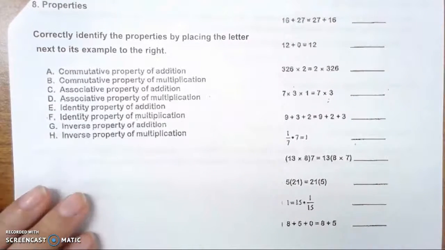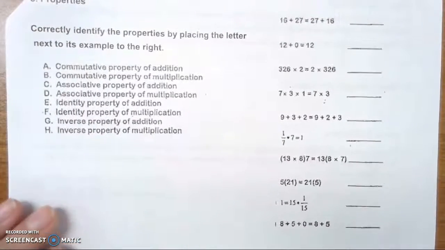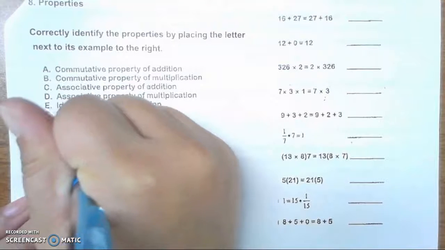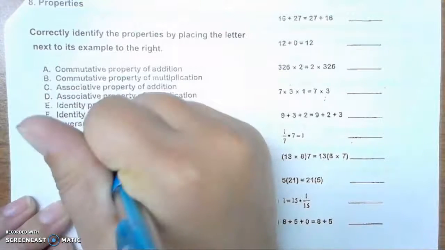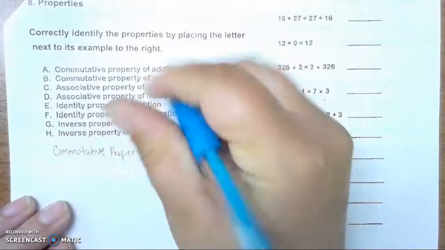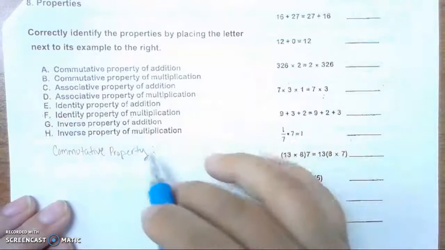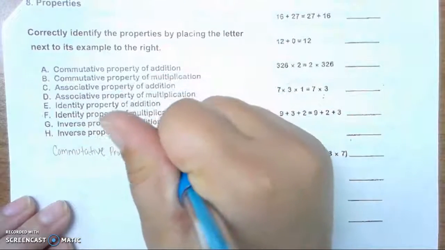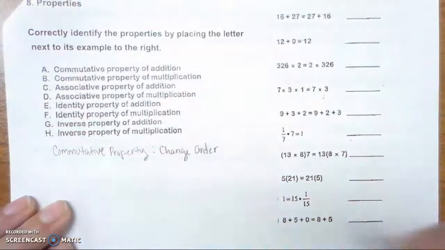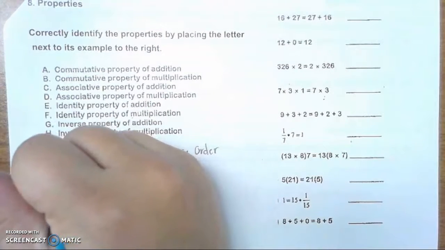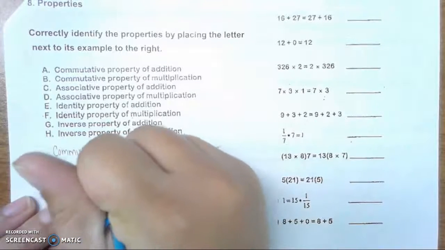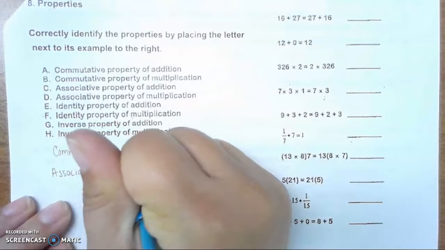Next, we will talk about the properties. Okay, so the commutative property. Commutative property means they just change the order. The associative property deals with grouping.